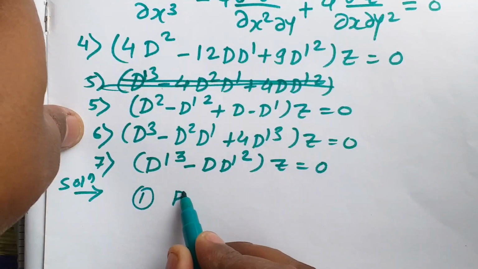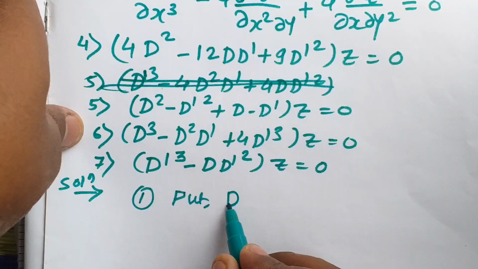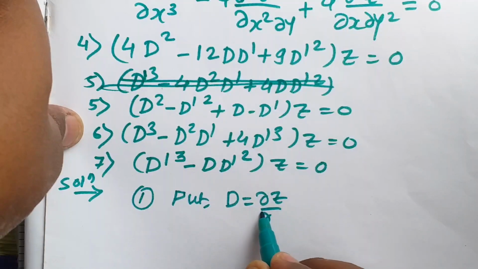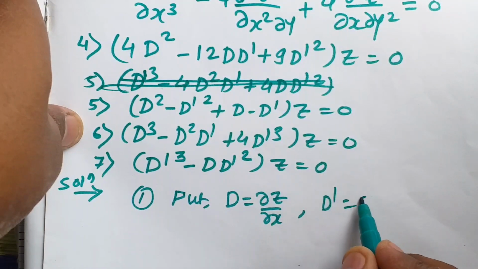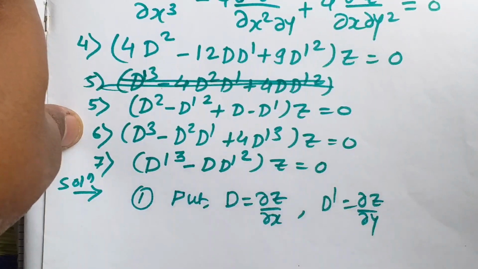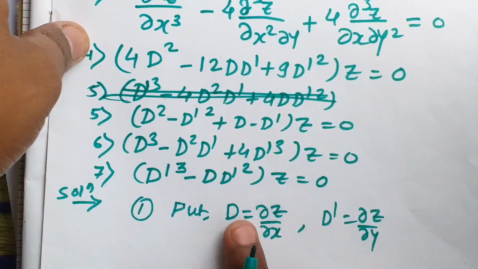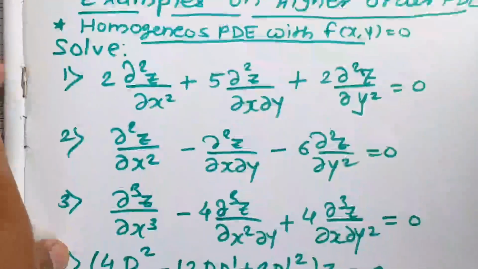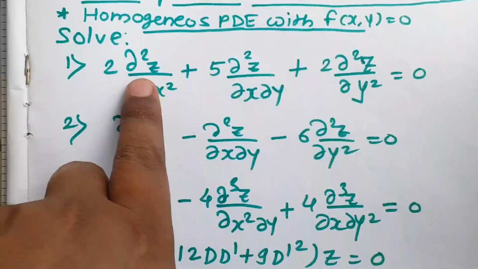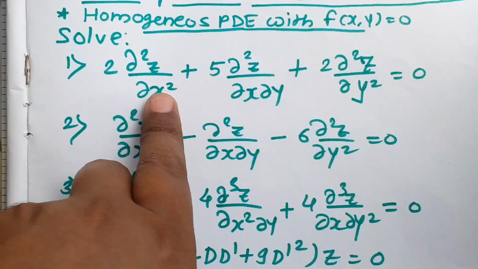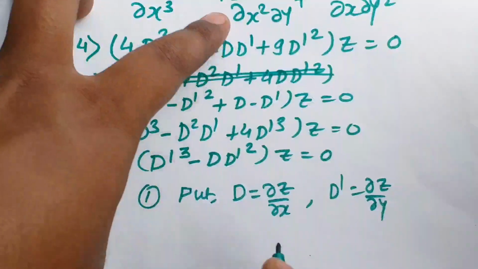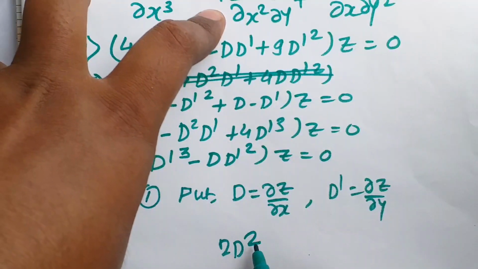So first put D equal to del z by del x and D dash equal to del z by del y. These values you must remember. Now I use these in the given equation number 1. Here we have the derivative of z with respect to x two times, so it will be D square, so the first term will be 2D square.